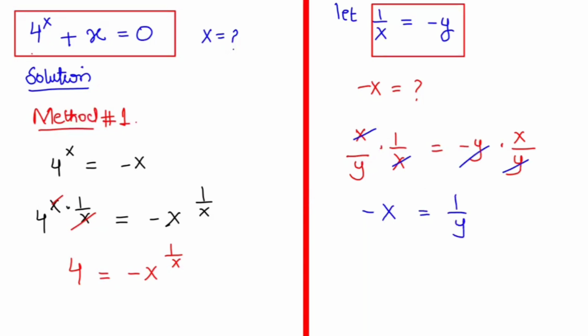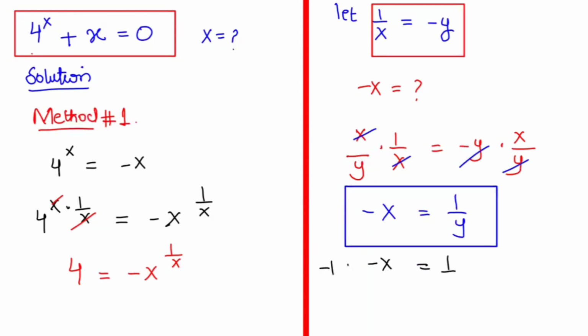Now I will solve this equation for x. For x, I will multiply both sides by negative 1. So here minus minus is plus, and x is equal to negative 1 over y.